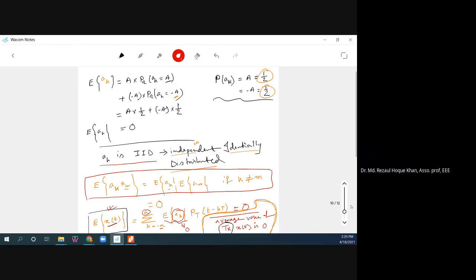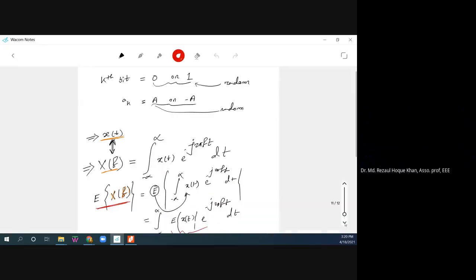Because they are independent but identically distributed, the expected value of ak and am can be written separately. We know it from RSP: if processes are independent, the expected value can be separated.